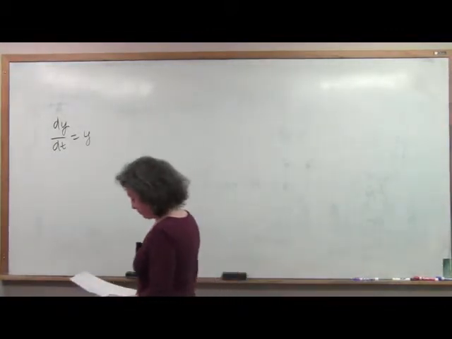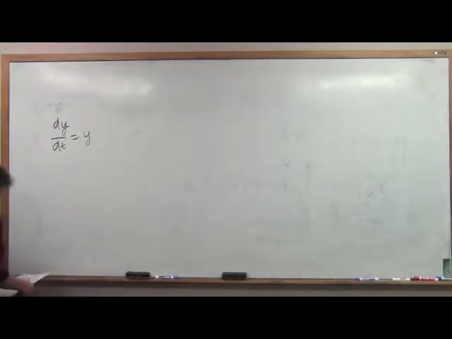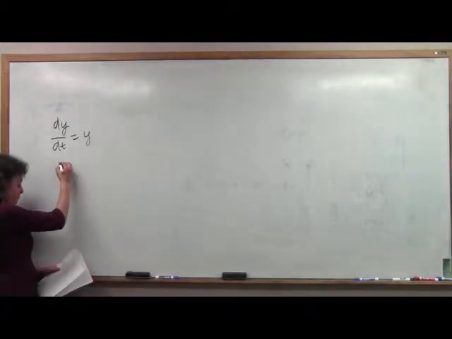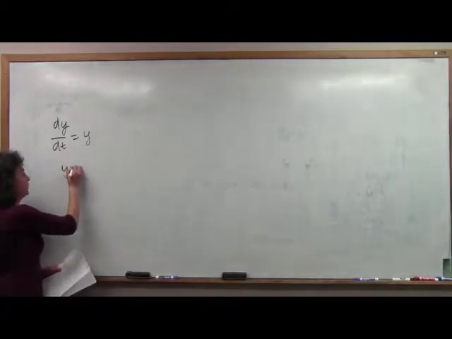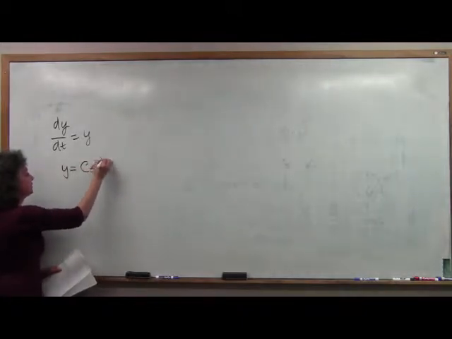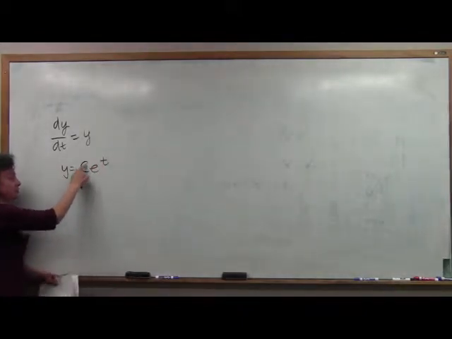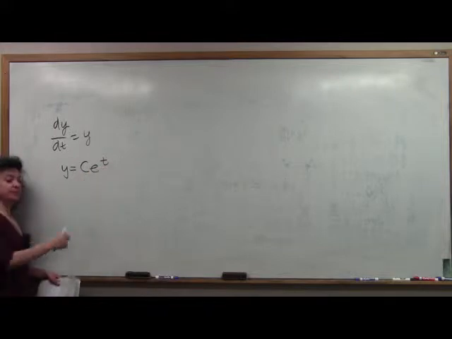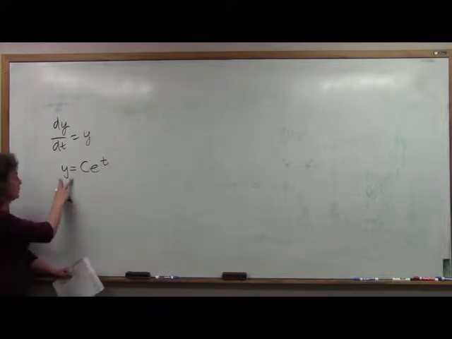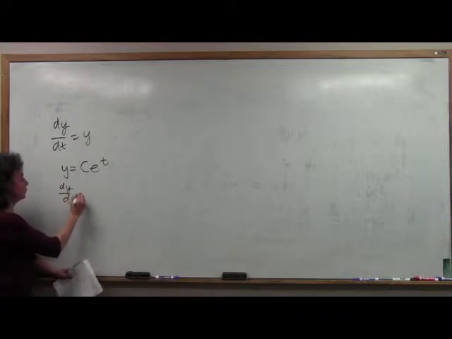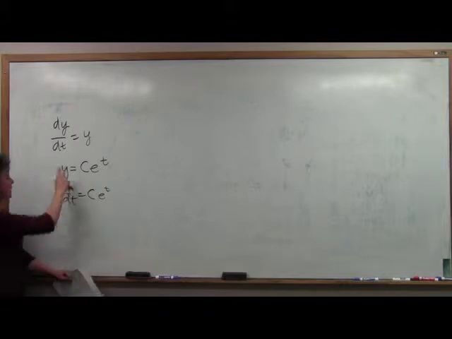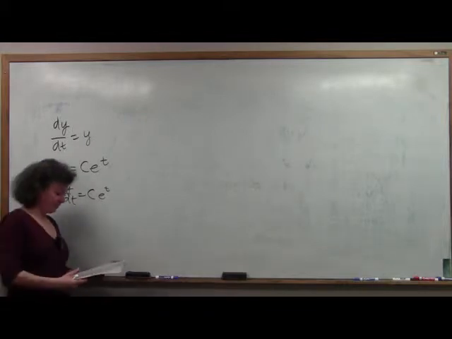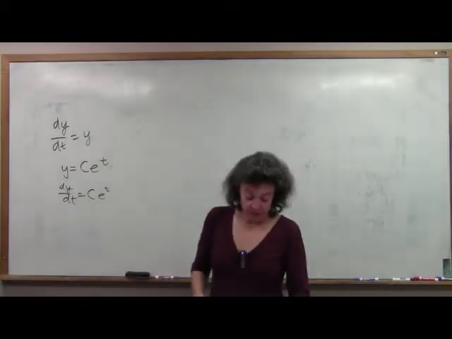And I claim that one function that we are familiar with that is the solution to this is our exponential function, some constant e to the t. Notice if you take the derivative here, dy dt, you rewrite your constant, and the derivative of e to the t is simply e to the t. So we are satisfied here, okay?